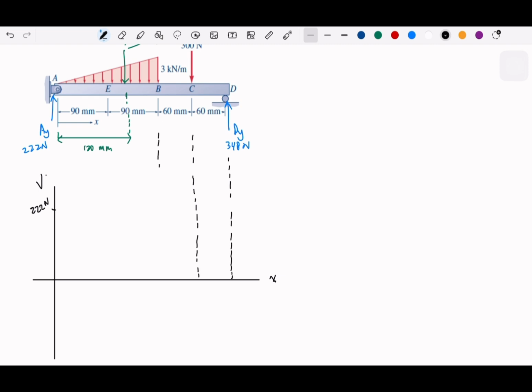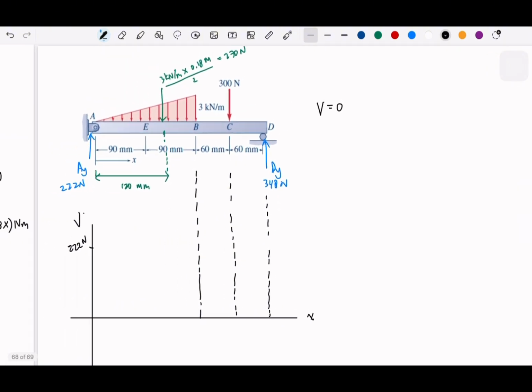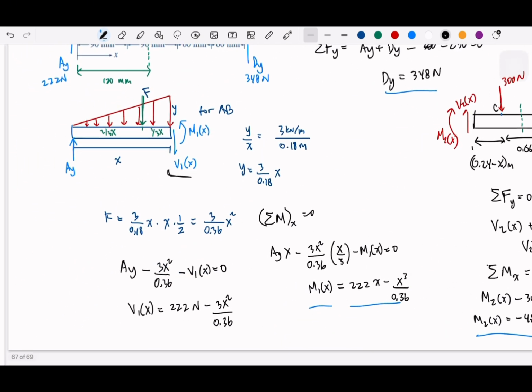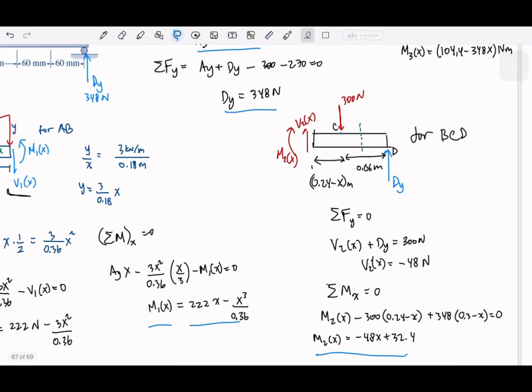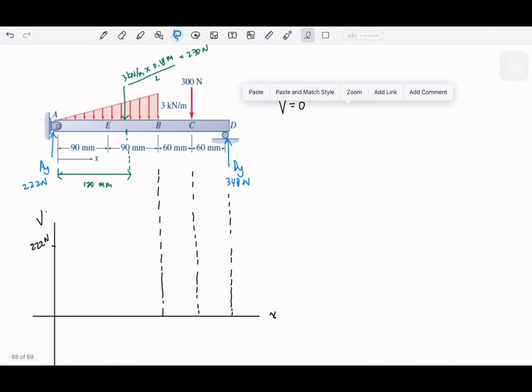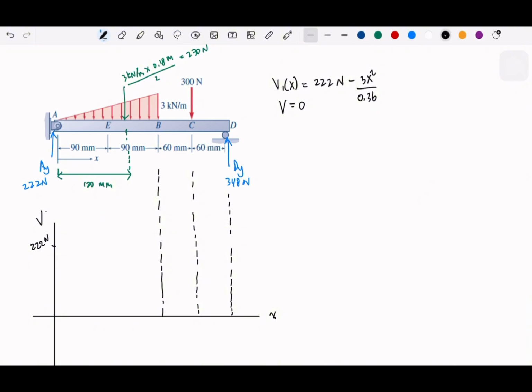This is the last distribution load, and then when V is 0, we can have, for example, Vx at the V1. Let me copy this. So when it's 0, we can solve these equations basically, and we get that the x will be around 0.163 meter.